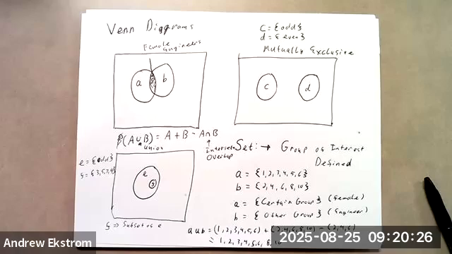Let's see what some of the things we have on here are. Looking at this, you can see Venn diagrams, definition one: a blank is a collection of objects. Each object in the set is called a blank of the set.